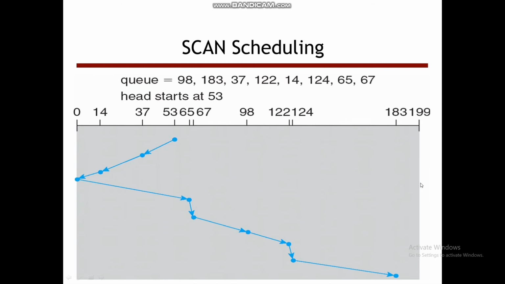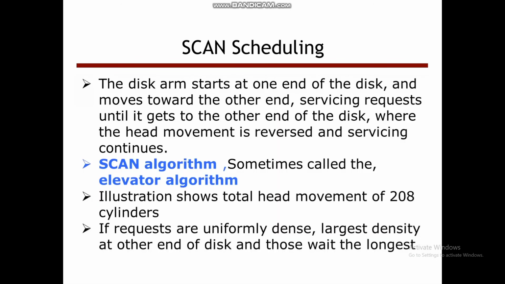It can also start in the other direction, but in this example we are showing it this way. Then from 0 to 65, 65 to 67, then towards 98, 122, 124, and finally it reaches 183. You can calculate the total disk movements in this case, which comes to around 208 cylinders.